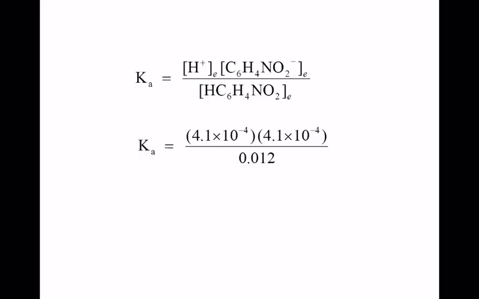For the molar concentration at equilibrium of the weak acid, we decided it's basically the same, 0.012. Round to two significant figures, and you get 1.4 times 10 to the minus fifth. So that's the Ka value for that weak acid, given this information, how it was prepped, and the pH.